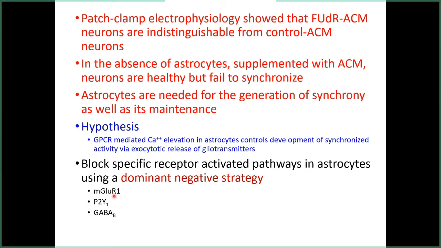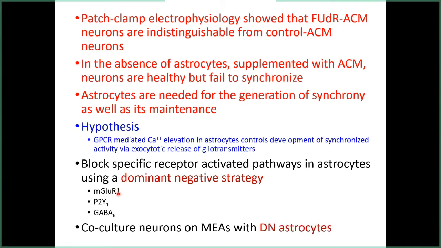In order to test their role in the control of synchrony or network activity, we decided to use a dominant negative strategy, a molecular approach rather than a pharmacological approach. Our first one was we targeted the metabotropic glutamate receptor.